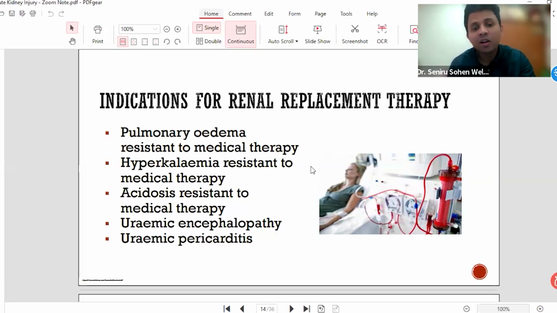So you see on the first three, you would have clauses saying resistant to medical therapy. So what does that mean? That means that renal replacement therapy is not the treatment for AKI. That is, dialyzing the patient is not the treatment for AKI. Dialysis is only a supportive measure.